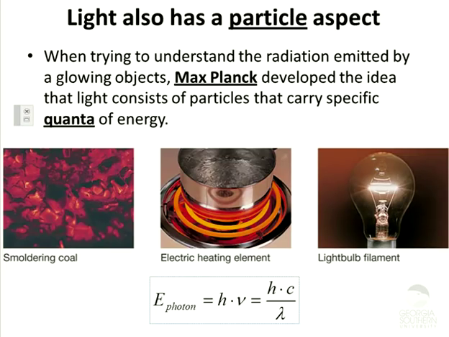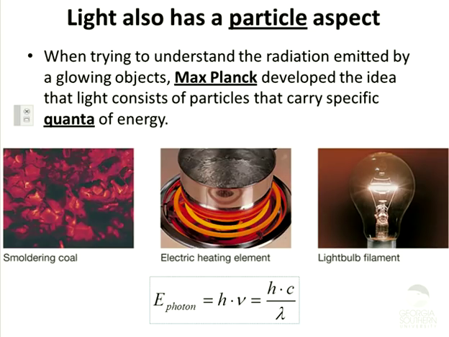And so Max Planck figured out a way of calculating the amount of energy carried by each particle of light, which he called a photon. And he figured out that there was a direct proportionality between the energy of the photon and the frequency.